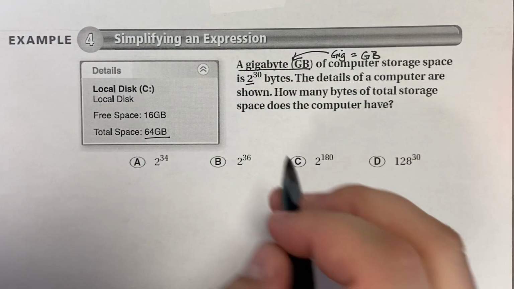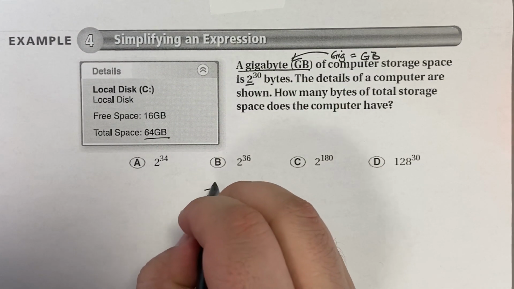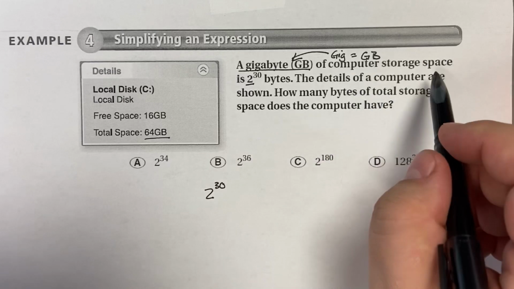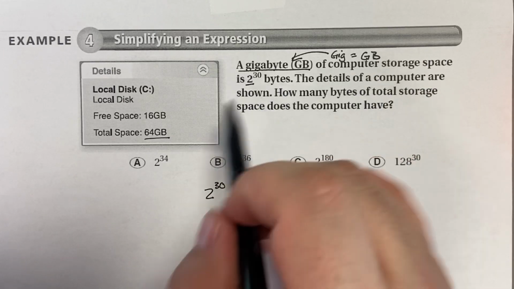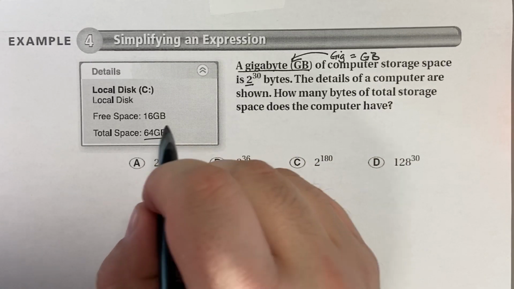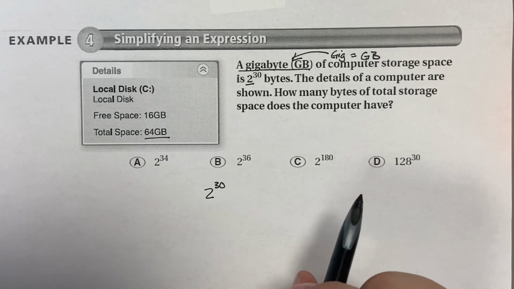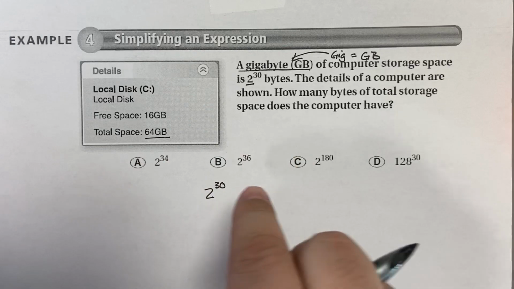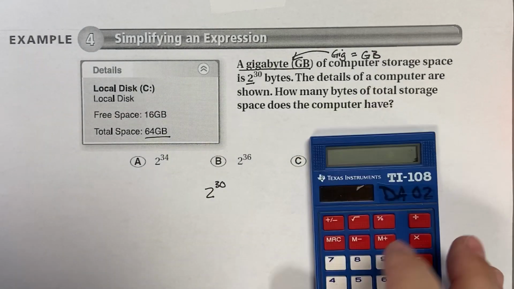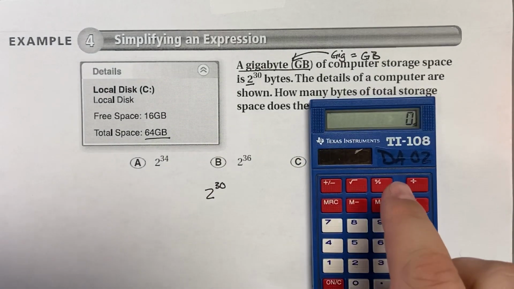So I'm going to take that 2 to the 30, because a gigabyte of computer storage space is 2 to the 30 bytes, and I'm basically turning gigabytes into bytes. Well, that's going to be the same thing as taking 2 times what? If we think about it, we want to hit 64.